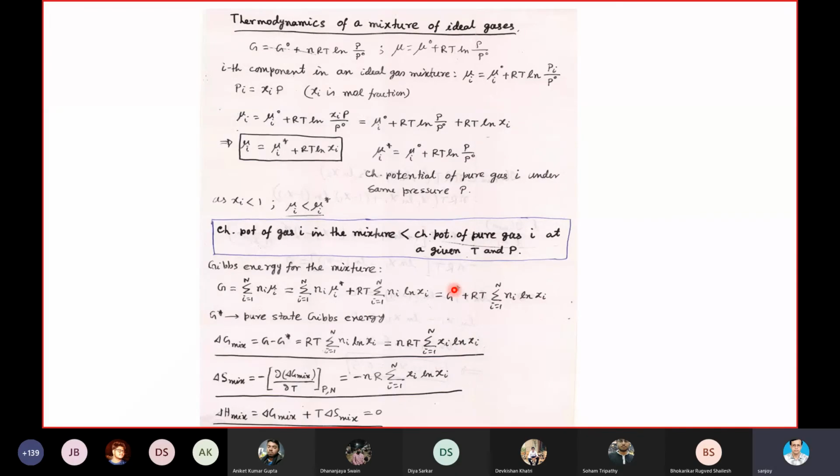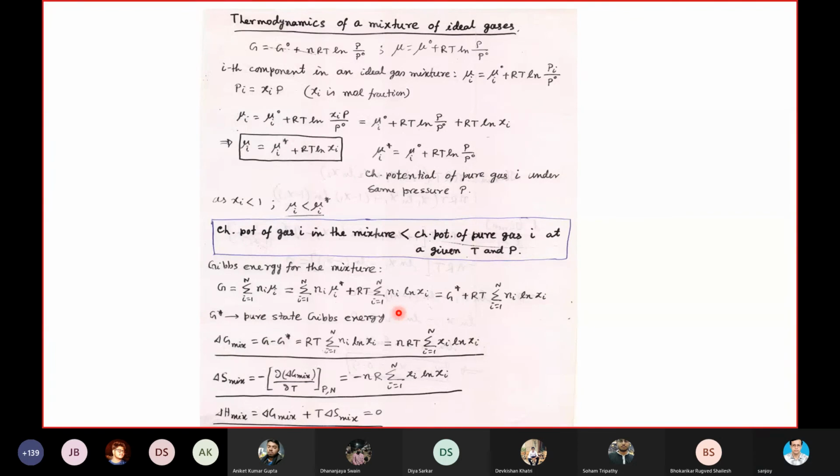Okay, once again, G star is the Gibbs energy in the pure form of all the gases when they are present in their pure form at the same condition. And this is basically the effect of mixing. So once you add this term, this gives you the Gibbs energy in the mixture. This is the pure form, and this is the effect of mixing. The effect of mixing comes from the second term, RT, this term. Now, if I want to know the Gibbs energy due to mixing, we have to subtract this G star from G.